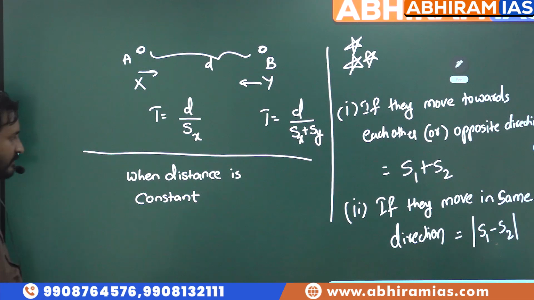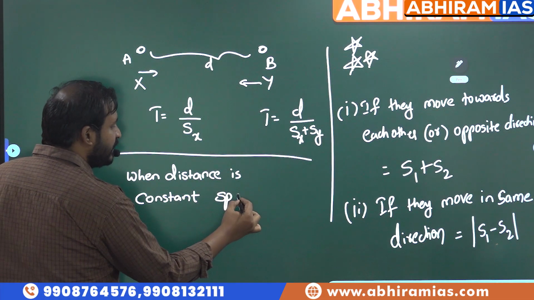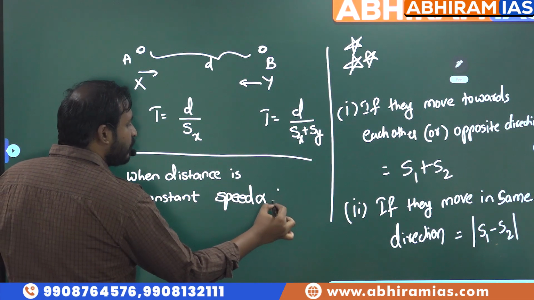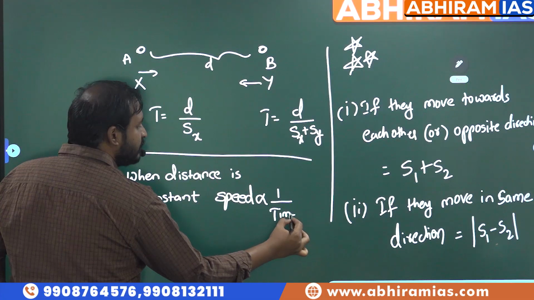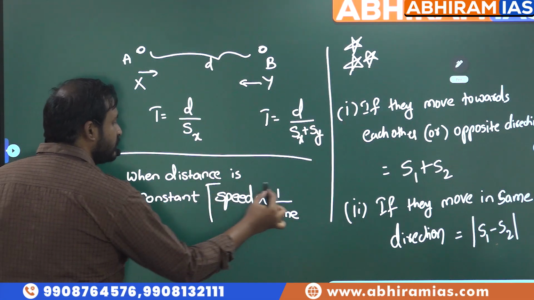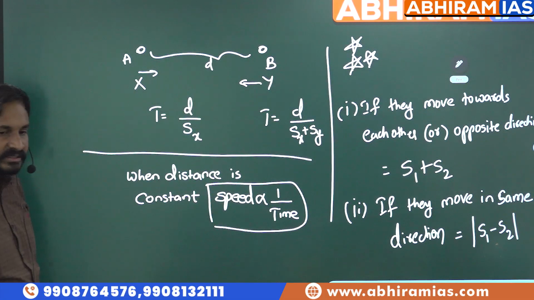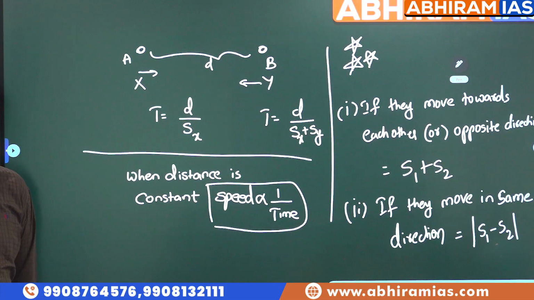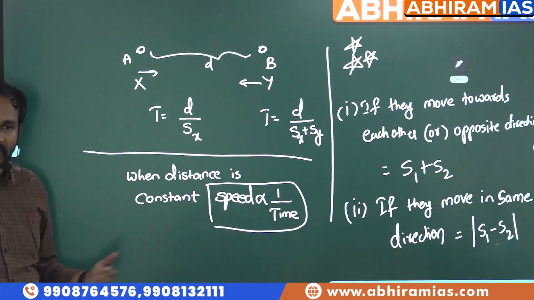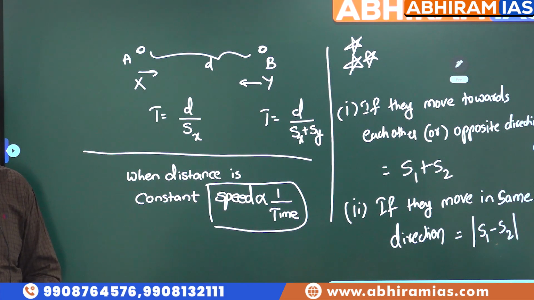Inversely proportional to each other. When distance is constant, speed is inversely proportional to time, or time is inversely proportional to speed. We know already the reason, and we have discussed these things earlier.